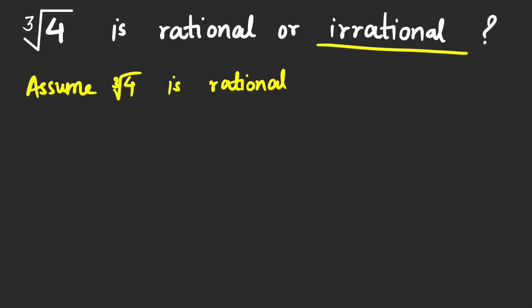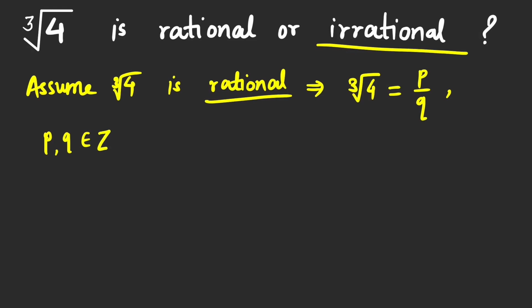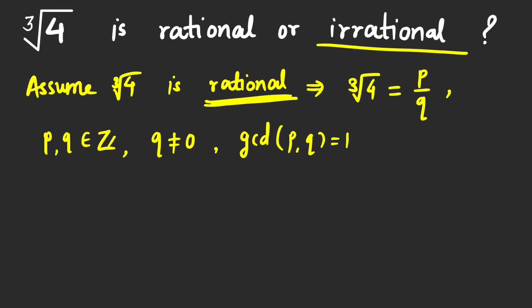So this number being rational means we can write cube root 4 as p by q, where p and q are integers such that q is not 0, and GCD of p and q is equal to 1. We can always write any rational number in this form.